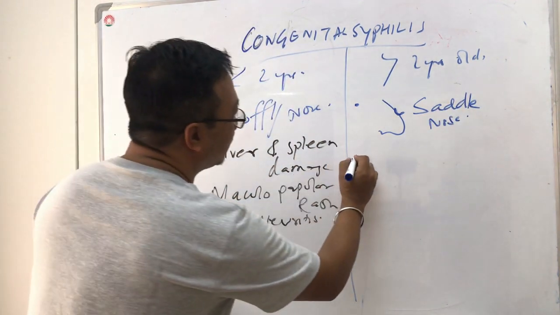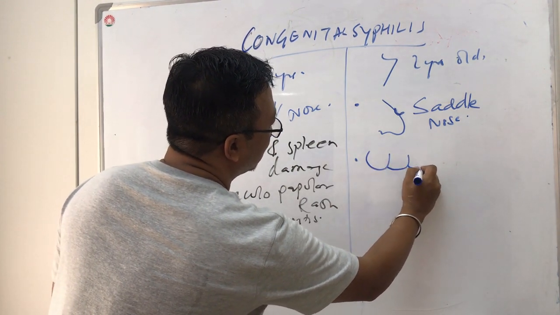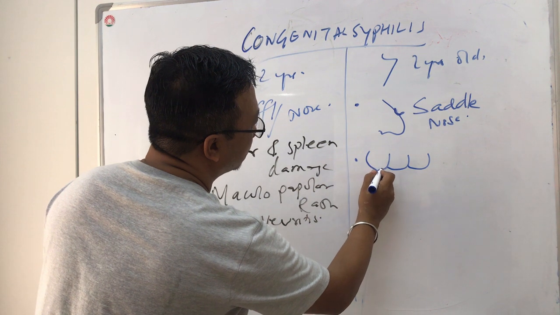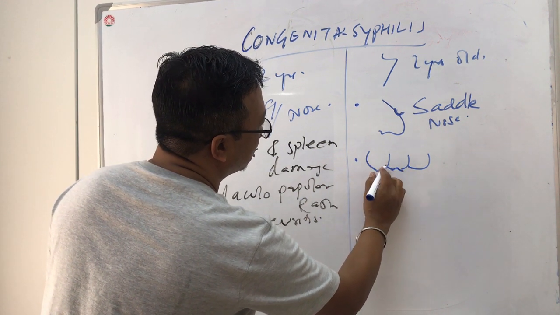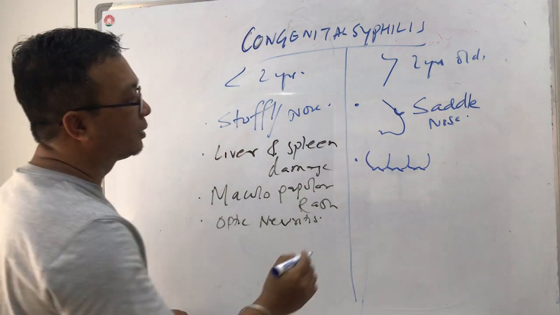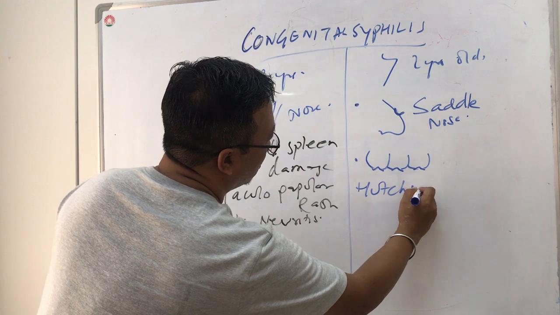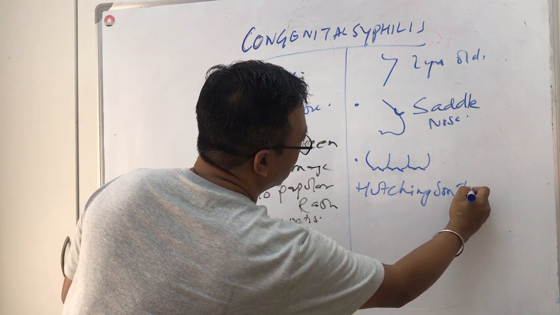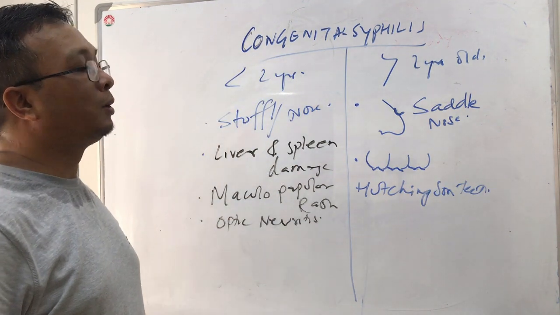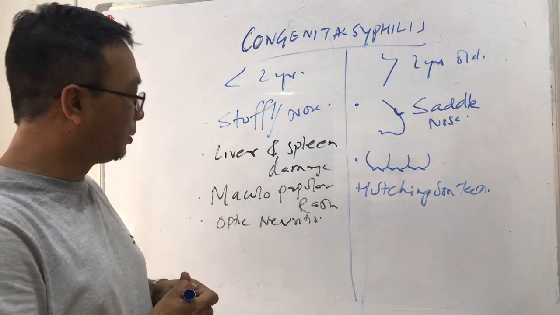In the teeth there can be a notch, and these notched teeth we call Hutchinson teeth. The tibia can also be bent, with anterior bending of the tibia, which we call saber shin.